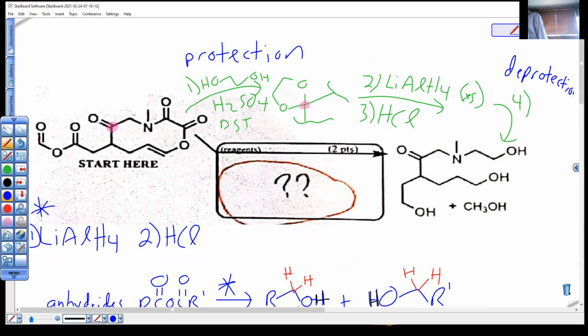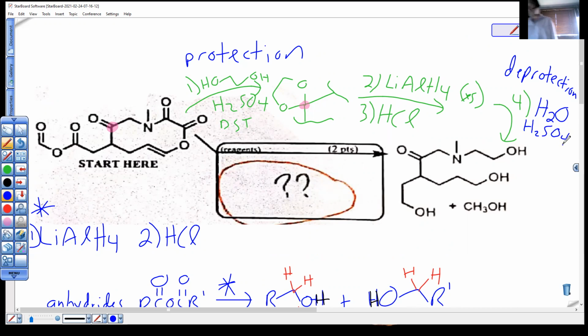And remembering the protection was a condensation reaction, that's why DST was a good choice. Deprotection is the opposite. It is hydrolysis. The opposite of a Dean Stark trap is to add water, isn't it? And there you have it.